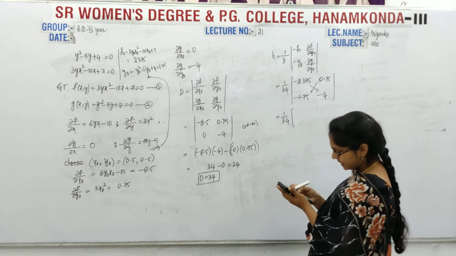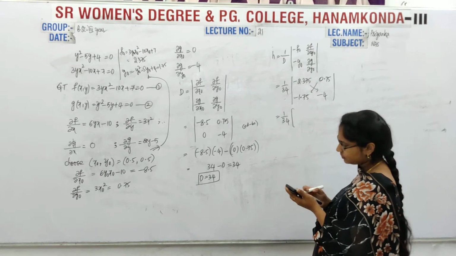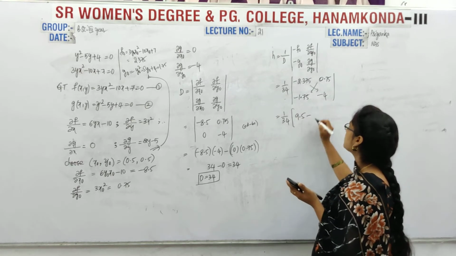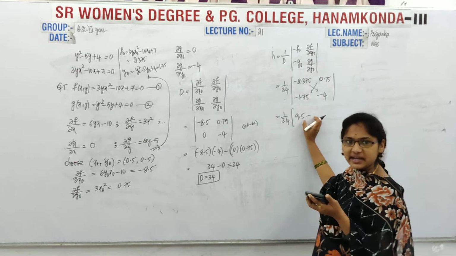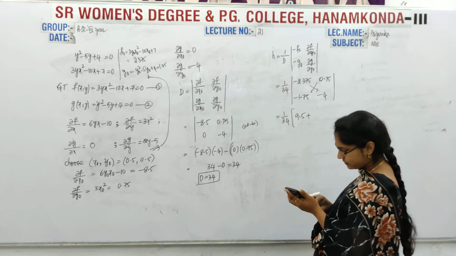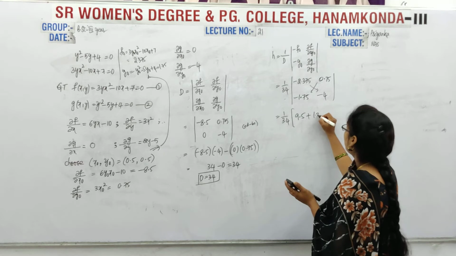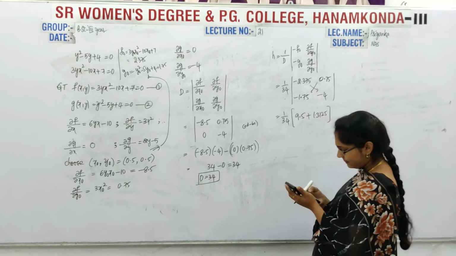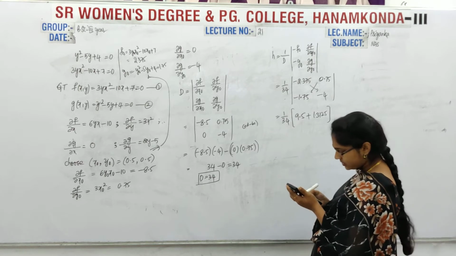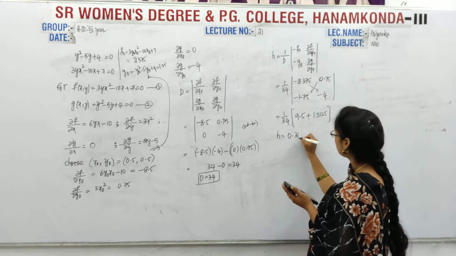So directly 2.375 into 4, minus into minus plus, so it is 9.5 minus, again AD minus BC, BC means again we get minus, so minus into minus plus 1.75 into 0.75, 1.3125, plus 9.5 divided by 34.